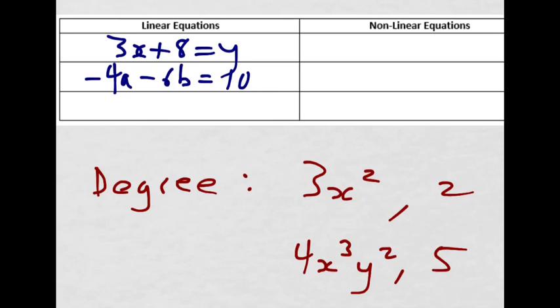Therefore, it's linear. Last example here. Let's go 9x equals 4y. Do something simple. This is also linear. It's of degree 1.